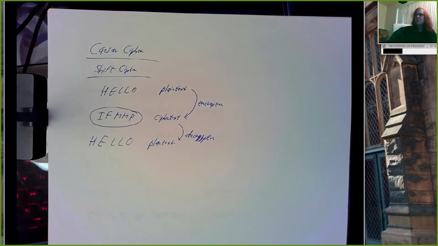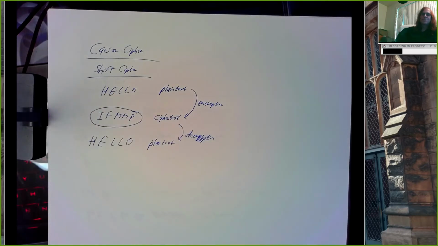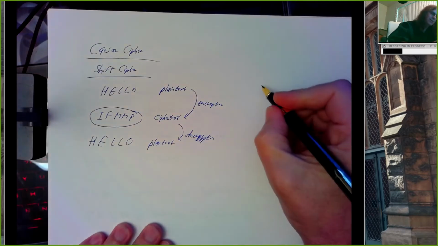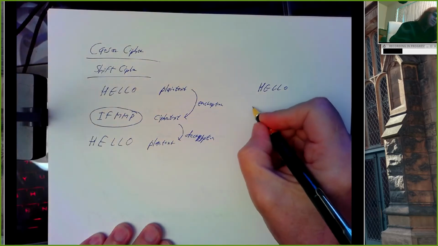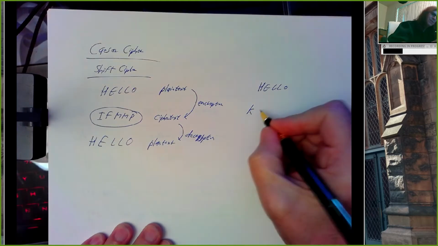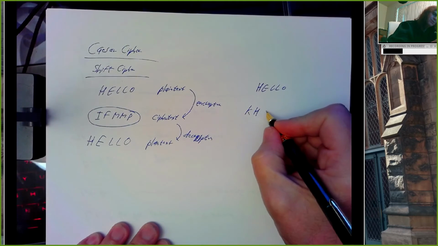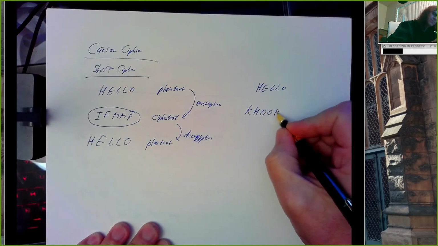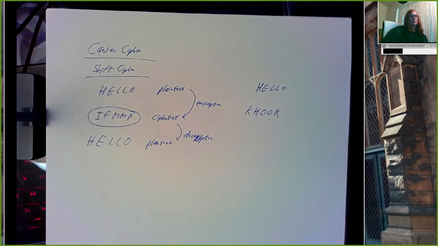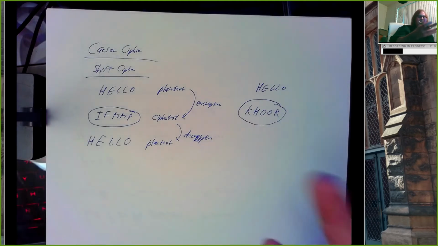So we can make this a little more secure by, instead of just adding one, we could add some other number. So we could say we're going to add 3 to this. So our hello, our H is going to change into a K, our E is going to change into an H, our L is going to change into an O, and our O is going to change into an R. And now somebody intercepts this message and they try to subtract one from each letter, and they still get gibberish.